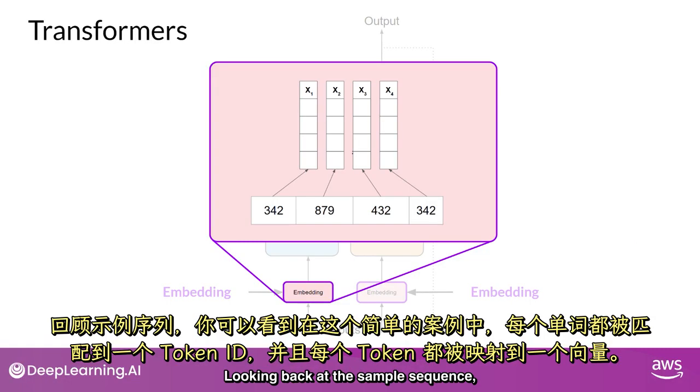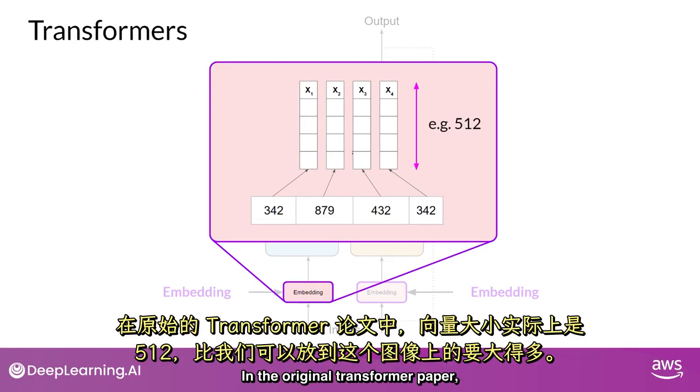Looking back at the sample sequence, you can see that in this simple case, each word has been matched to a token ID, and each token is mapped into a vector. In the original Transformer paper, the vector size was actually 512, so much bigger than we can fit onto this image.